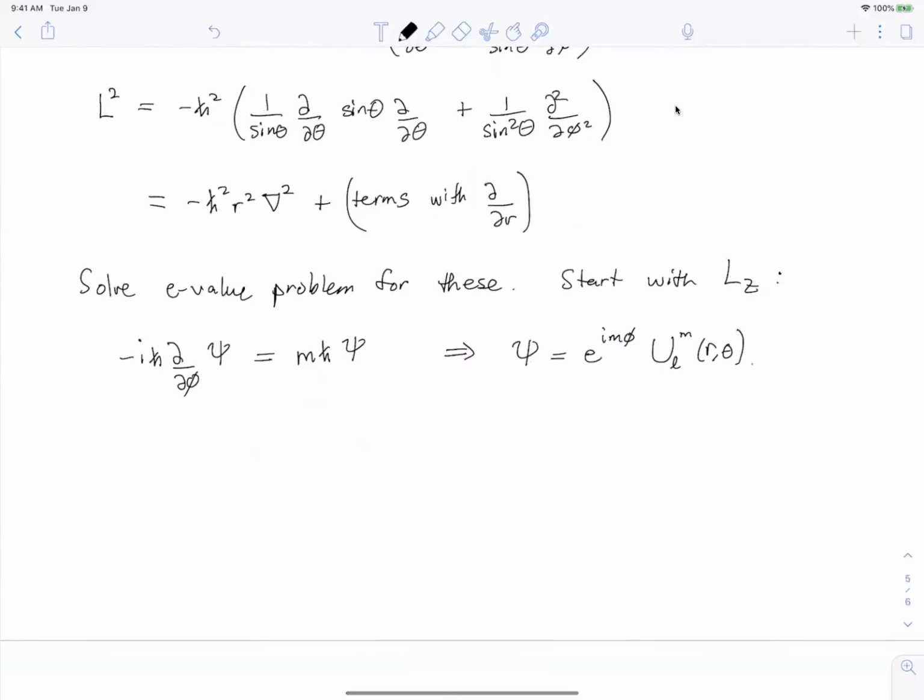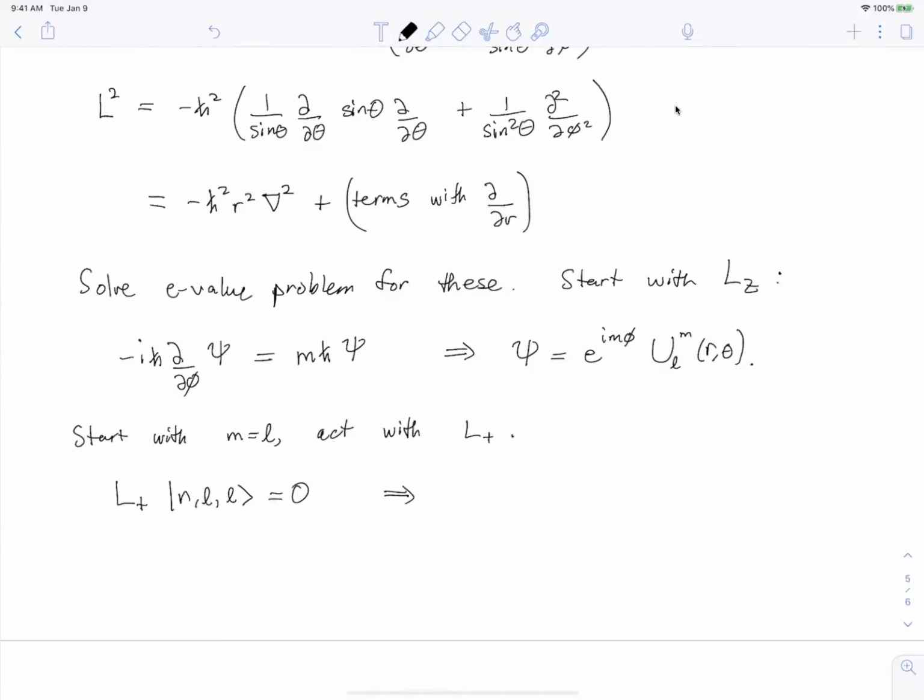Okay, so that's just working with L sub z. Now let's figure out how these things work for the other operators. If we start with m equals L and act with our raising operator, we should get 0. So L plus acting on the ket n, L, and m equals L equals 0.